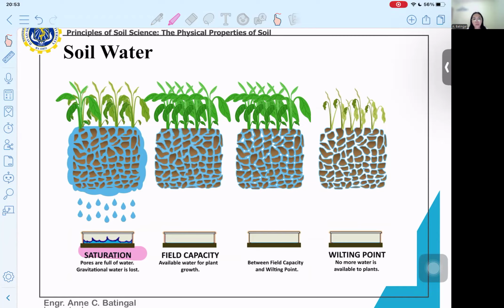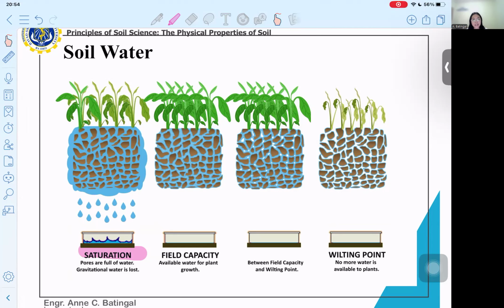If all pores are filled with water, your soil is said to be in saturation, wherein there is no air left in the pore spaces. All of it is occupied by soil water. In the illustration, the soil is so full of water that it is dripping.